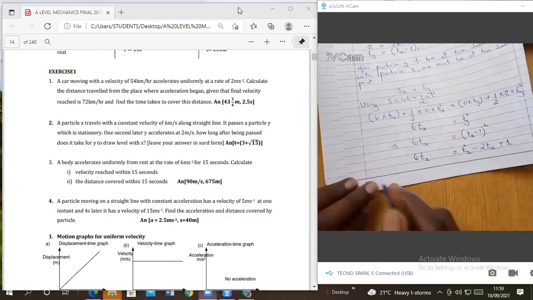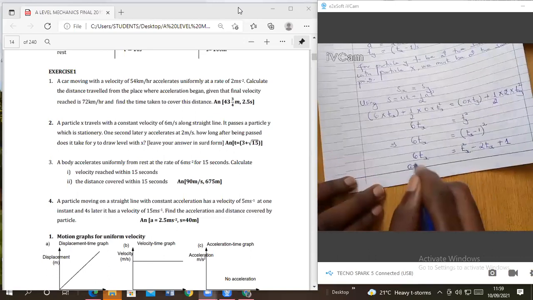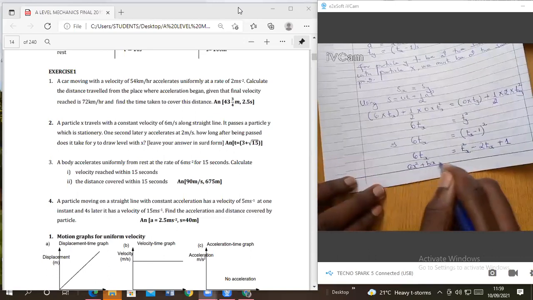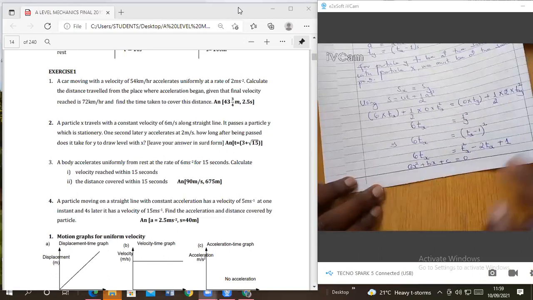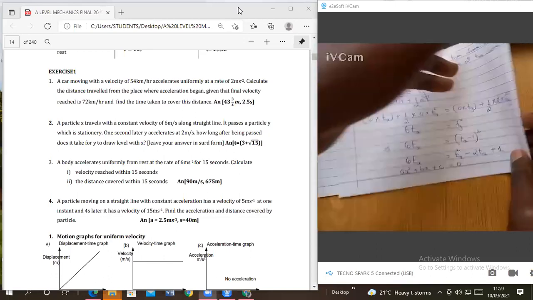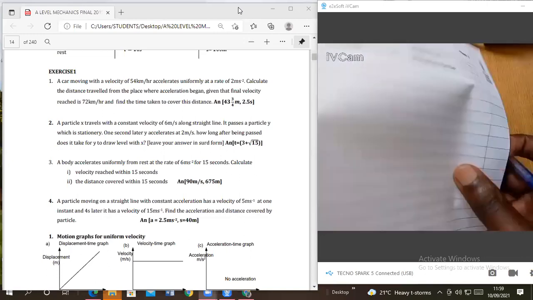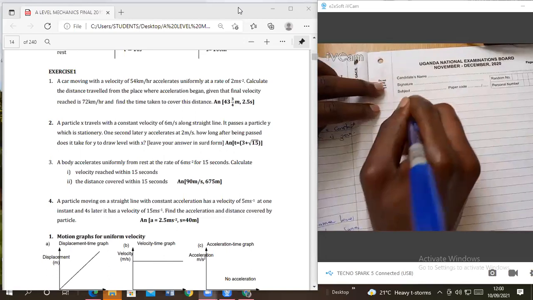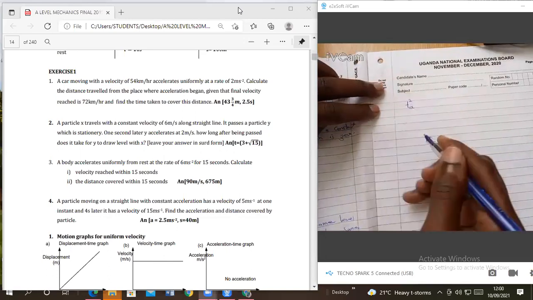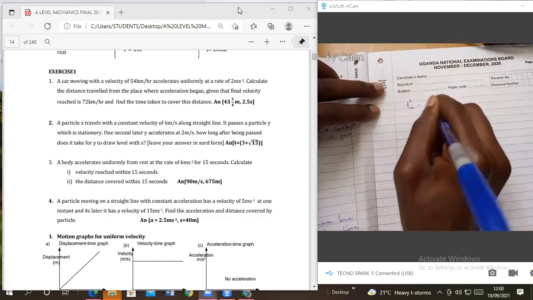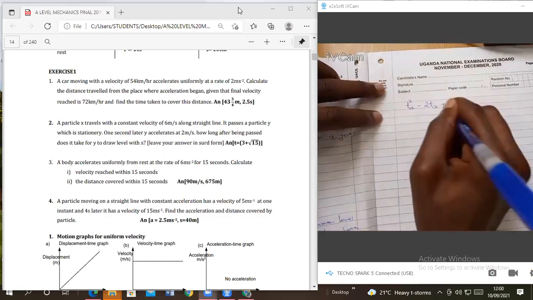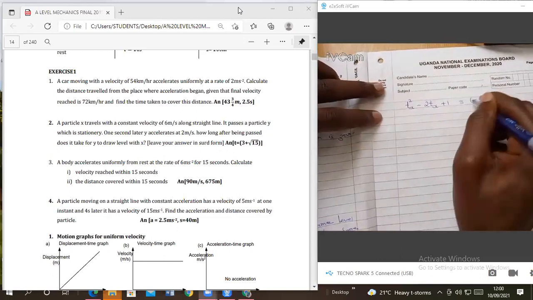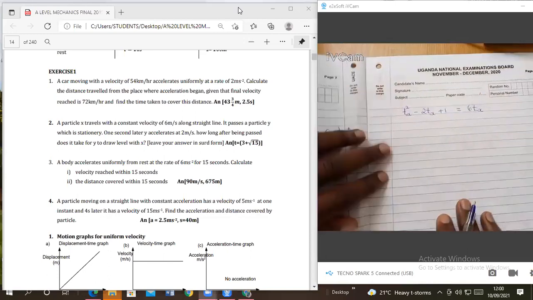Remember, it must be in the form of ax squared plus bx plus c equals 0. So can we rearrange our equation? We shall have tx squared minus 2tx plus 1 equals 6tx.